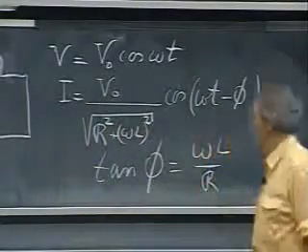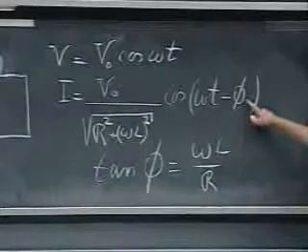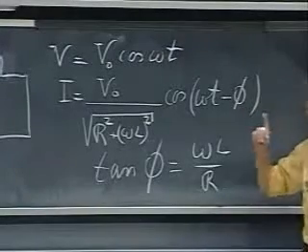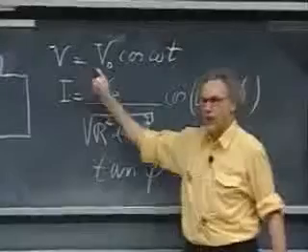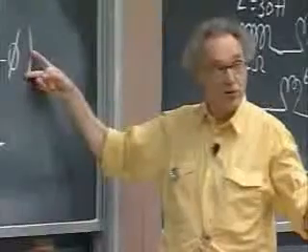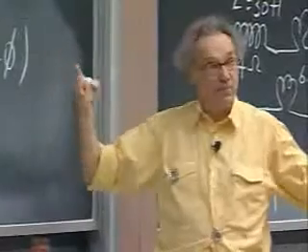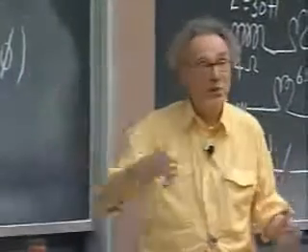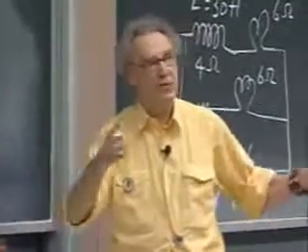The first thing that you notice is that there is a phase lag between the current and the driving voltage. If phi, as you're going to see, is 90 degrees, then the current is delayed by 1/4 of a cycle.